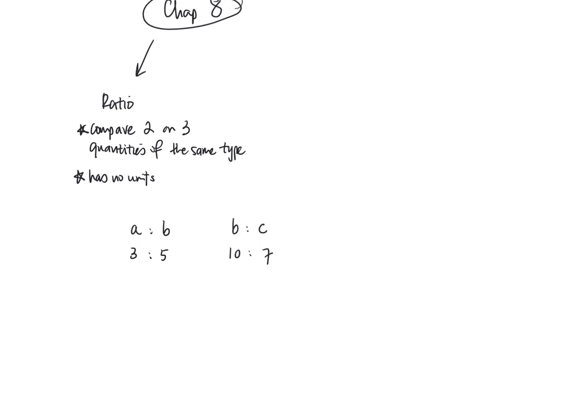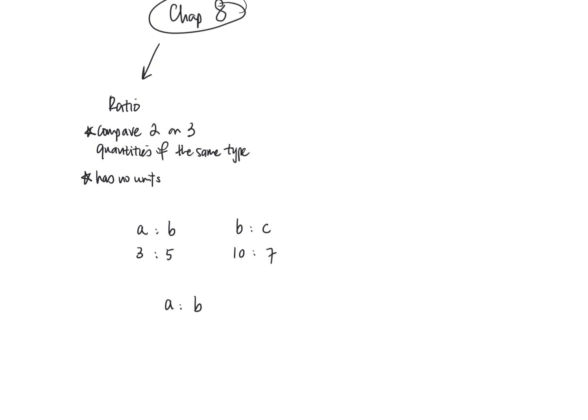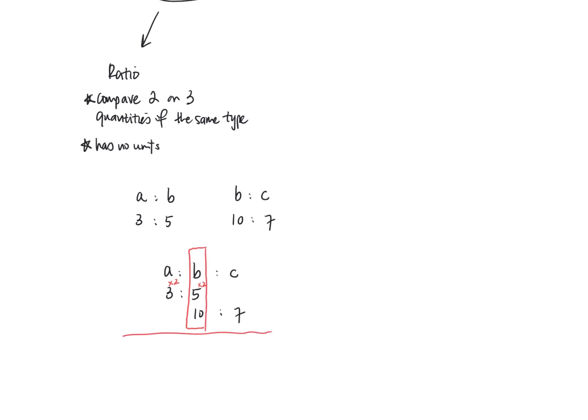So you need to put the 3 together by making the overlap quantity the same. So meaning, can you see that I need to make sure that this is the same in order to compare? So if I want to make this the same, I need to multiply this by 2, and the A should naturally multiply by 2 as well. So once everybody is of the same size, then I can compare. This is 10, this is 7, and this is 6. So the ratio between A is to B is to C is 6:10:7.